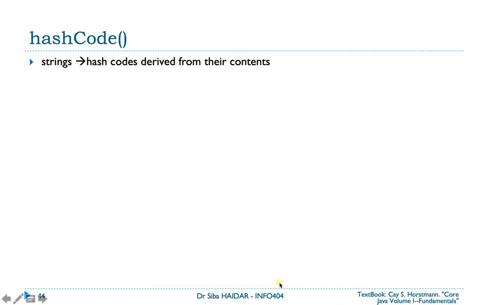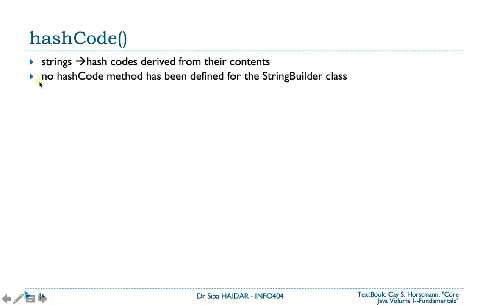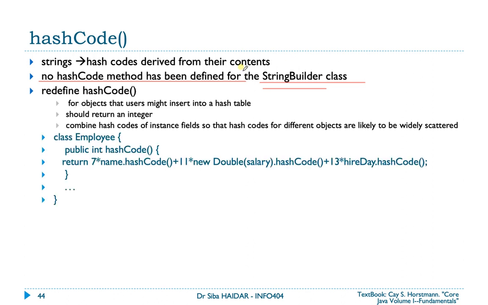Why? Because for strings the hashcode is derived from their contents, but there is no hashCode method that has been defined explicitly for the StringBuilder class. This means the StringBuilder class inherits its hashCode from Object as the default implementation. You can redefine hashCode.